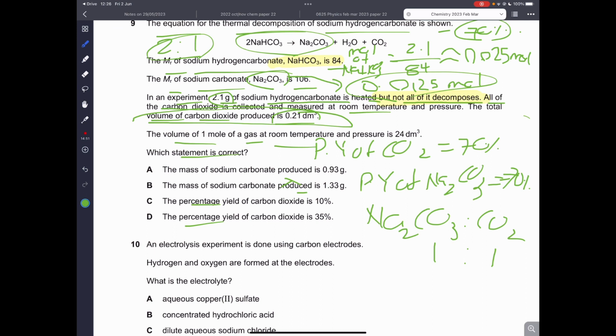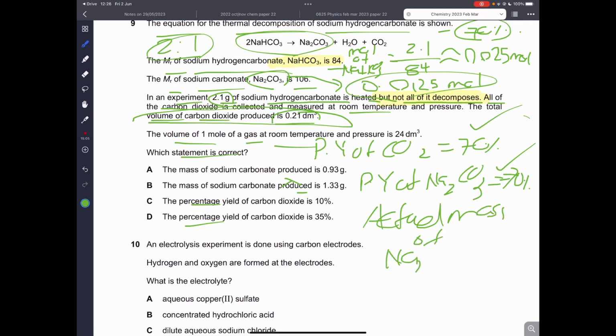It is 1 mole to 1 mole, and therefore they both share the same percentage yield. And so if we want to find the actual mass of sodium carbonate, we are going to multiply the theoretical mass by the percentage yield.